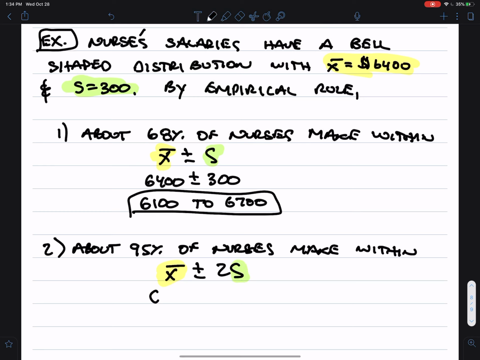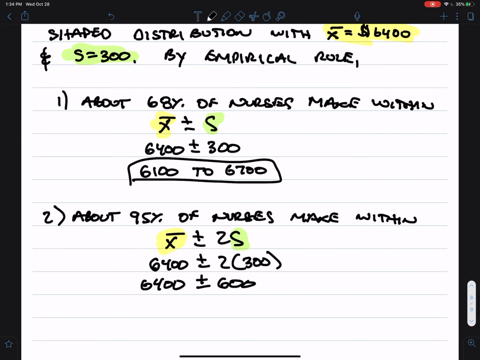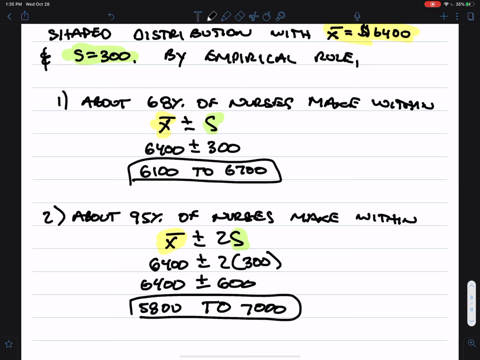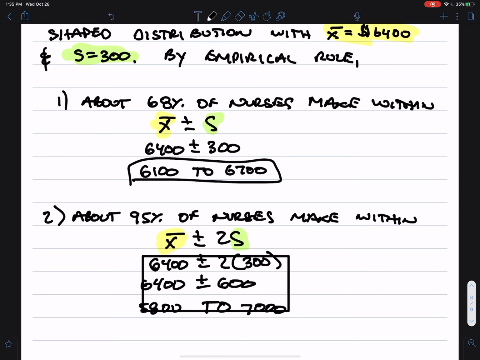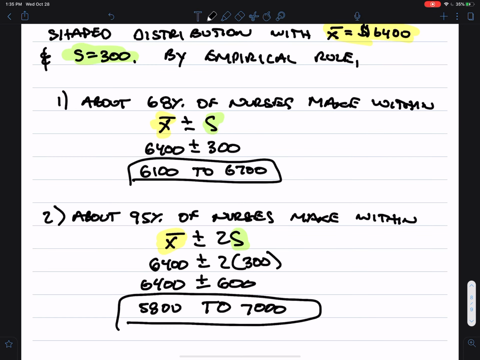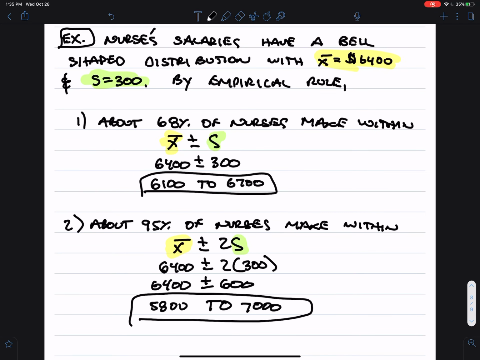So here we have 6,400 plus or minus twice 300, which is 600. Subtract 600 from 6,400, you get 5,800. Add 600, you get 7,000. And that is how we use the empirical rule.